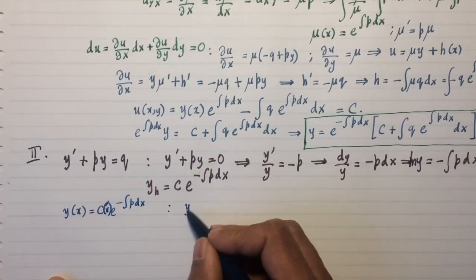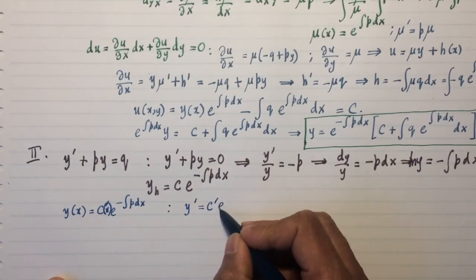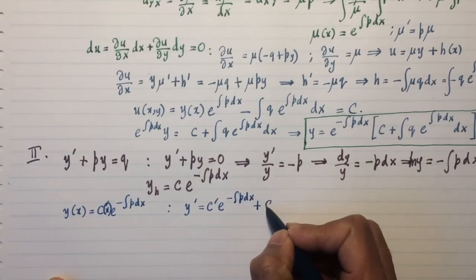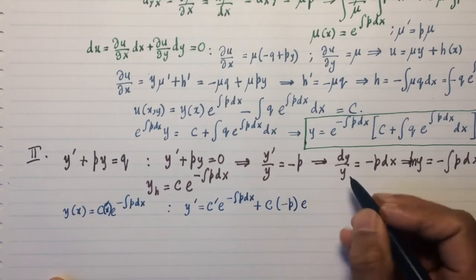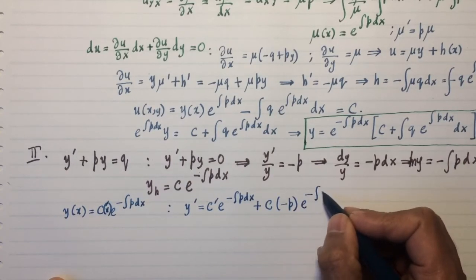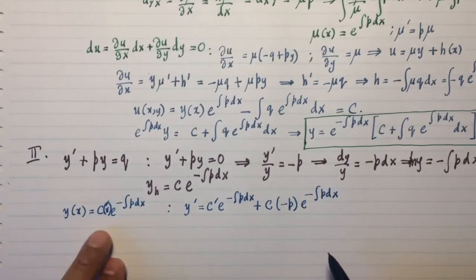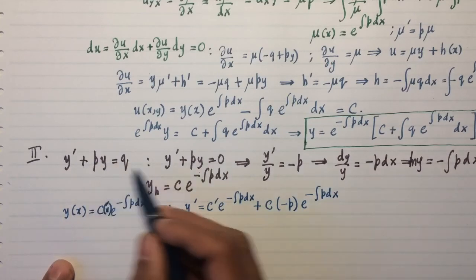Let's actually find out what y prime would be. y prime would be c prime e to the minus integral p dx, and now I leave c alone and then differentiate the exponential. Well, that gives me a negative p times e to the negative integral p dx back, because that's what exponentials do. And that's y prime alone. So y prime plus p y equals q.